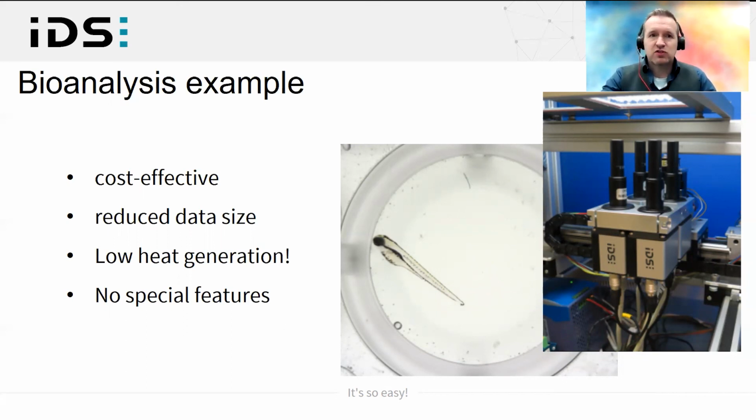But this allows capturing characteristic features and changes of several samples in parallel to ensure a high throughput. Compared to the previously used laboratory microscopes, the amount of data can thus be significantly reduced.